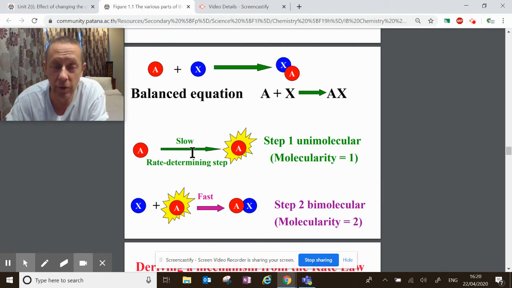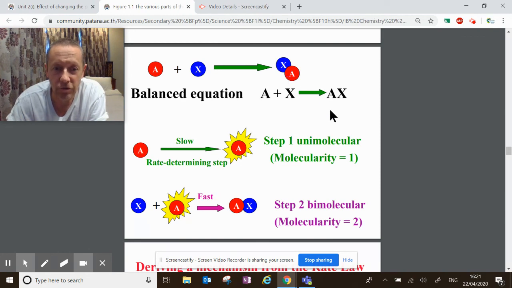If we add these two equations together, everything on the left of the arrows goes on the left of one equation, everything on the right of the arrows goes on the right of one equation, and we can omit anything which appears on both sides of the equations because it's not a reactant, it's not a product, it appears and then it disappears. We're left simply with A plus X gives AX. So the net effect of this mechanism corresponds to what we can see up here.